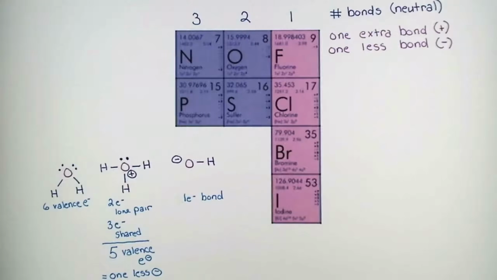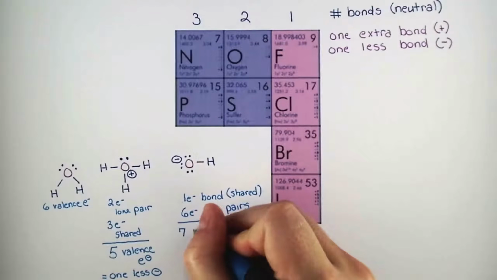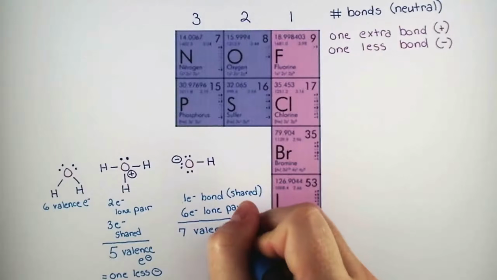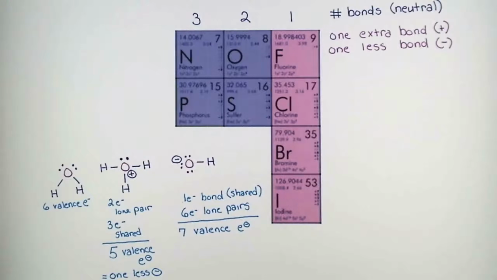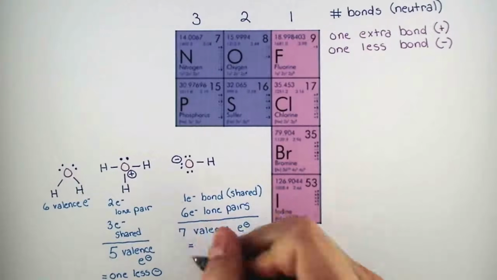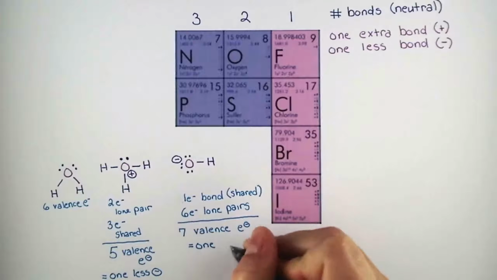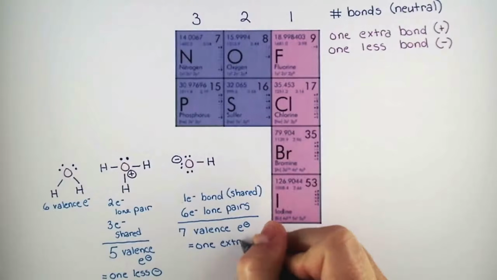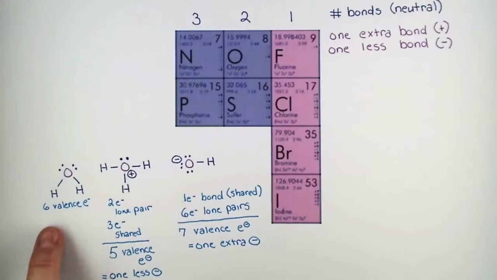Oxygen is only sharing electrons in 1 bond, so to complete its octet, we need to add 3 lone pairs. With the 1 electron from the shared bond and the 6 electrons from lone pairs, we get 7 valence electrons on oxygen. This is 1 more electron than oxygen likes to have when neutral. If we have 1 extra negative charge, we get a formal minus charge on oxygen.